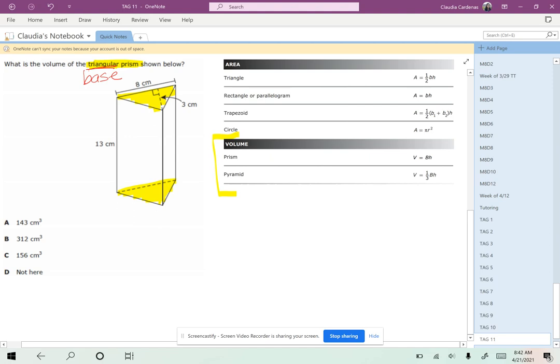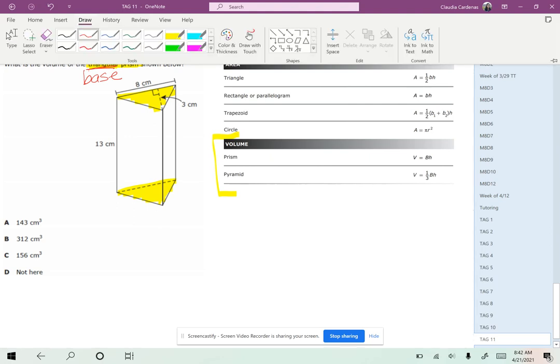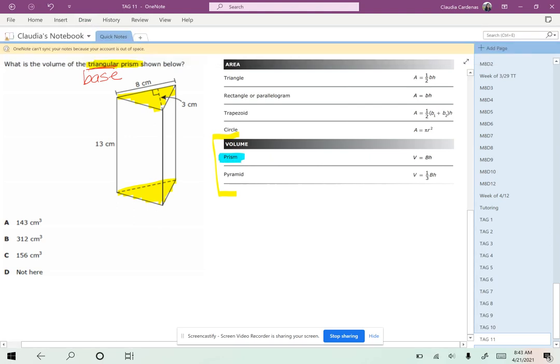Okay, so we have our problem. We are getting ready to find the volume. And so I am going to see first what the volume formula is for our prism. So I see that we have prism volume equals capital B times H. I remember that capital B stands for the area of the base.